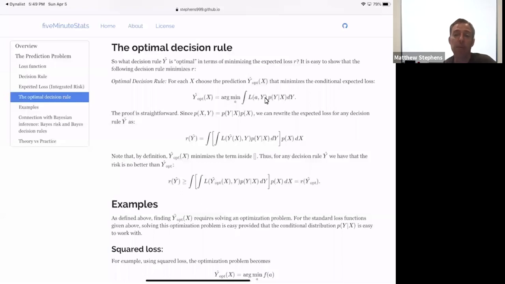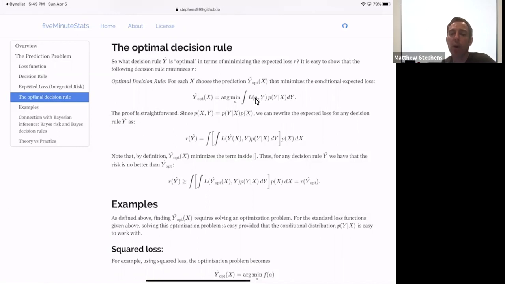To do that, we would need to know the joint distribution of y and x, but let's suppose we did know it. This is a conceptual idea right now, which is nonetheless helpful to keep in mind. Even if we don't know the joint distribution and might not be able to do this, if we knew that joint distribution, this is what would be optimal.